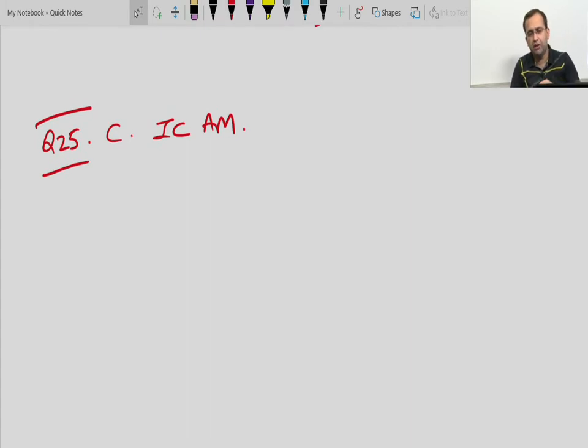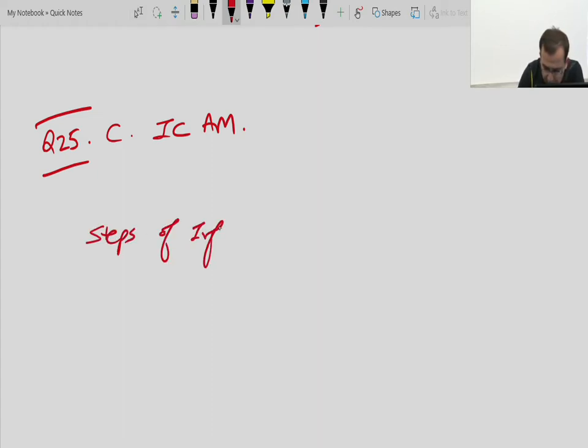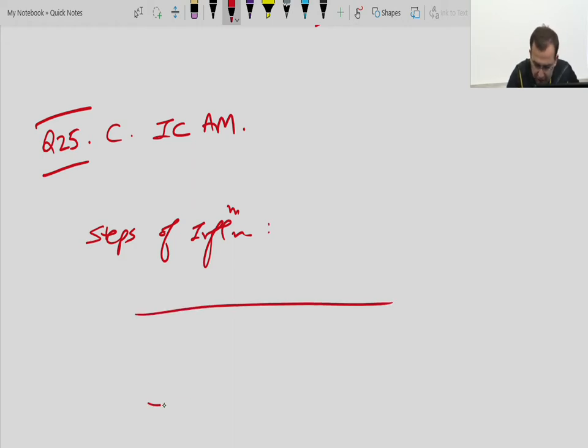You very well know the steps of inflammation. Let's go point-wise. First, vasodilation takes place.